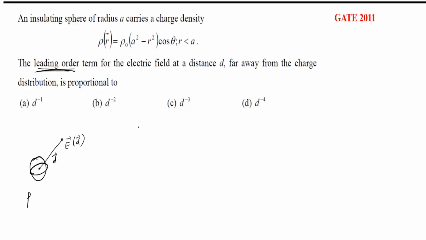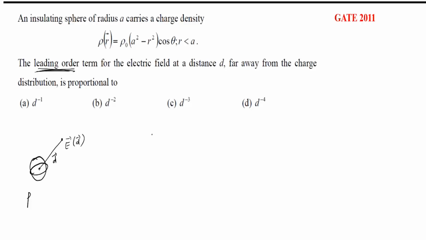But remember this: whenever you try to solve problems on electrodynamics, it is always better to solve for the potential first, then go for the vector electric field, because potential is a scalar. Scalar means we have to deal with only one quantity, but electric field is a vector, which means dealing with three components.